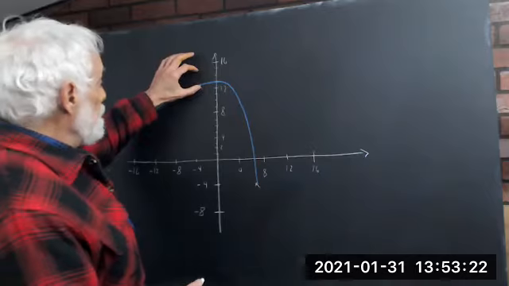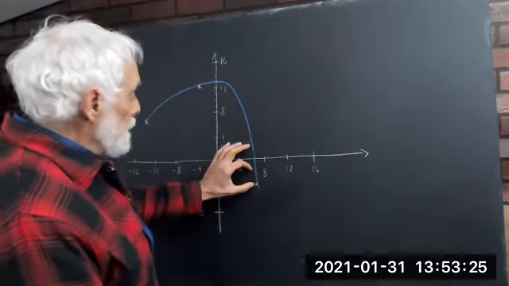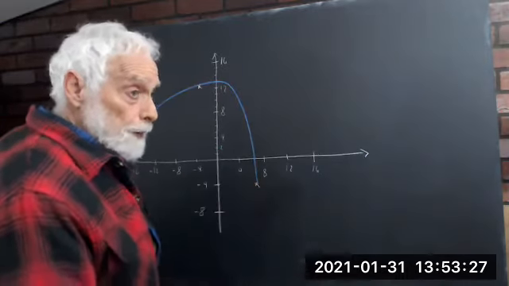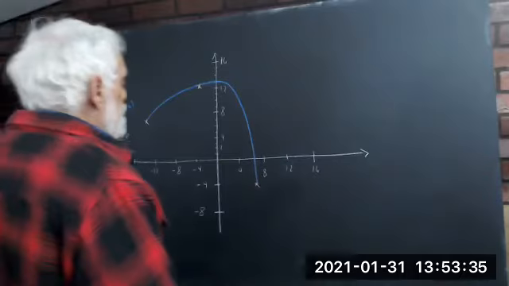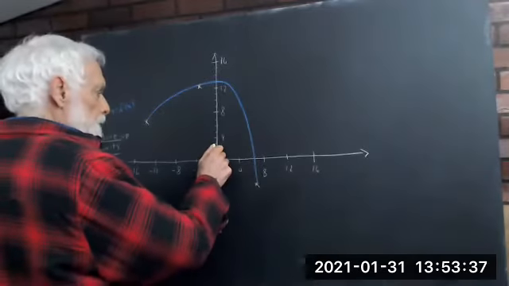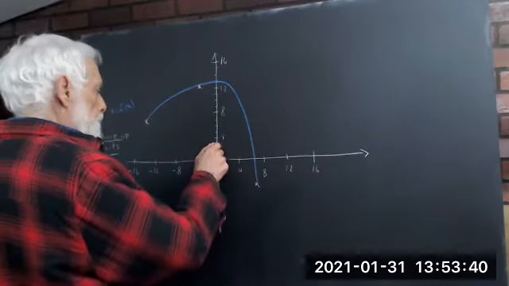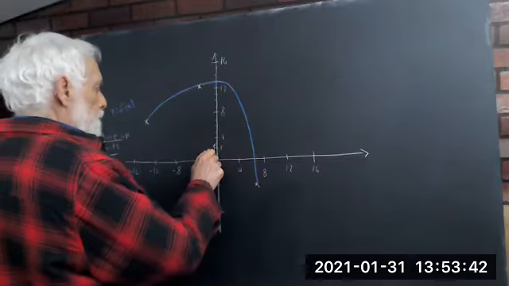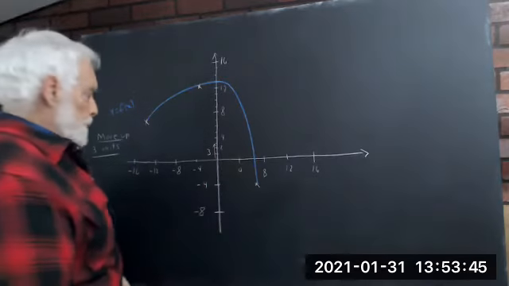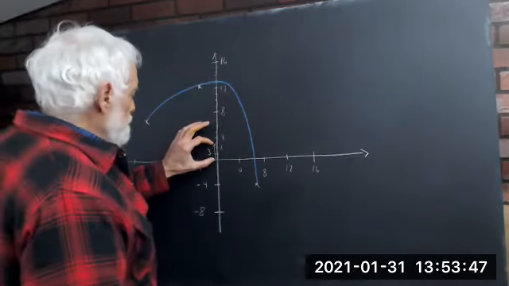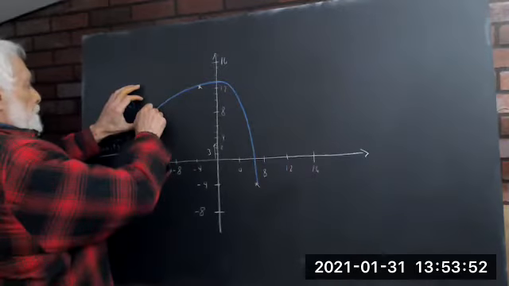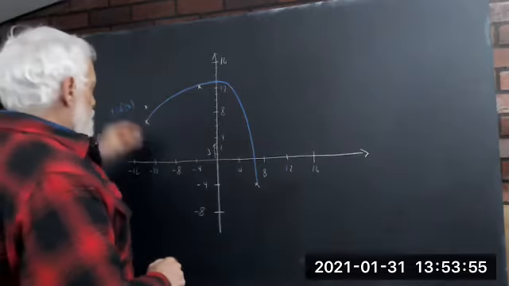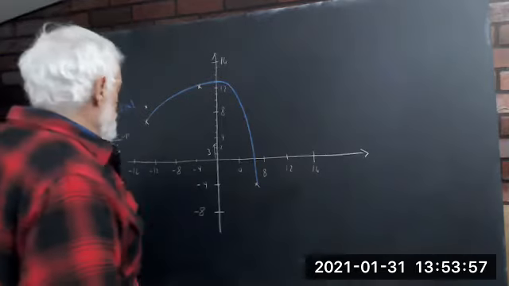I move this point up 3 units, I'm going to end up here. I move this point up 3 units, I'm going to end up somewhere around here. Just to be helpful, let's draw a little arrow representing 3 units on the y-axis, so I can use this arrow, come over here, and go up 3 units. You could even draw the arrow here; that's not necessarily a bad idea.